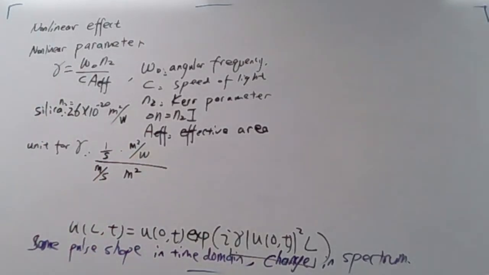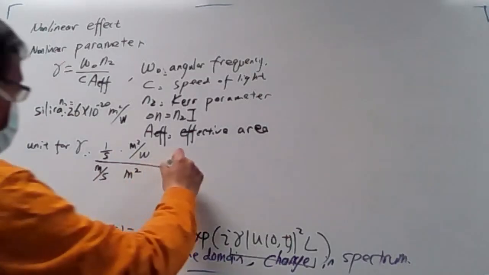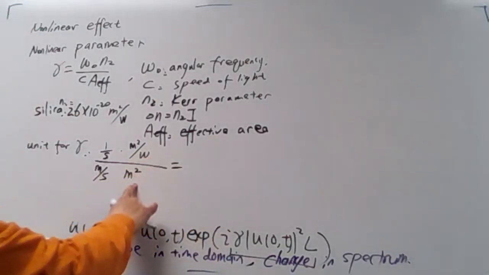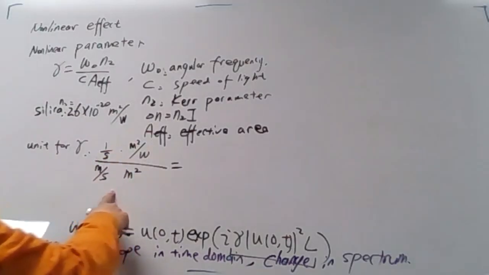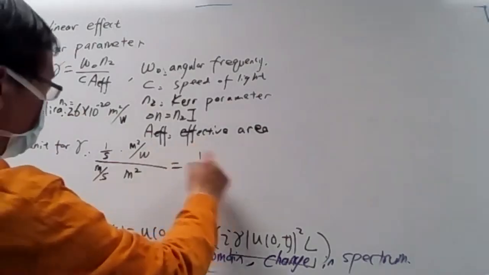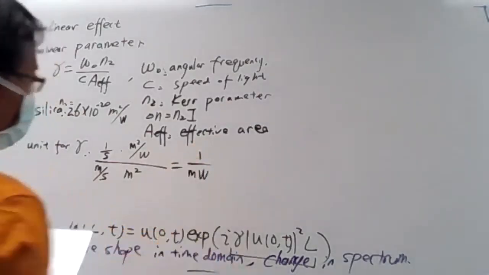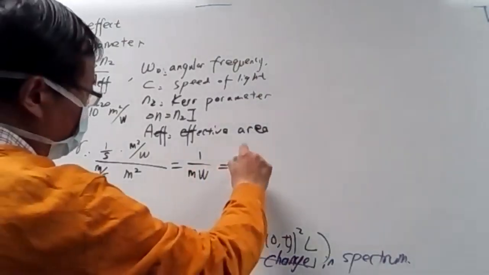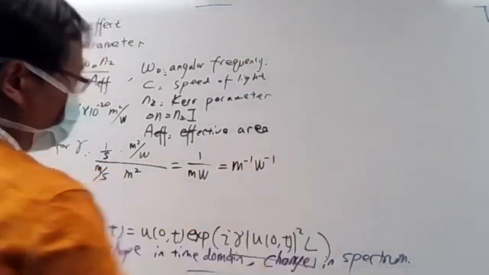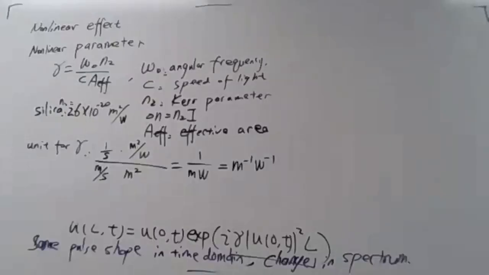I'm just looking at the unit, not talking about the value. So all together, meter cancels out, second cancels out. It is 1/meter and 1/watt. So we usually write it as meter inverse, watt inverse.